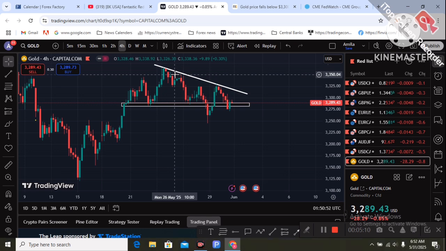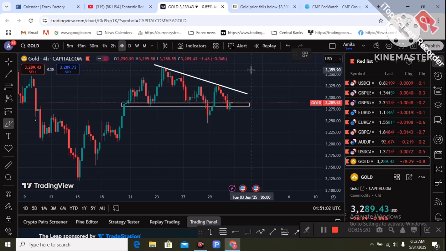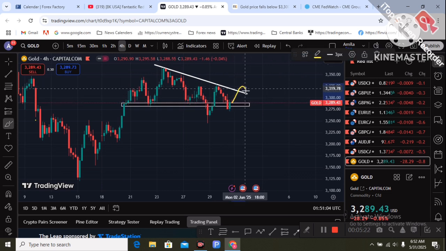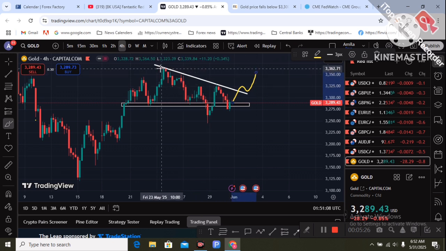That is your buy opportunity next week. That's the technical picture on the 4-hour chart. Breaking out of this trend line and retesting is your buy opportunity toward 3400, and next 3500 can be the target.